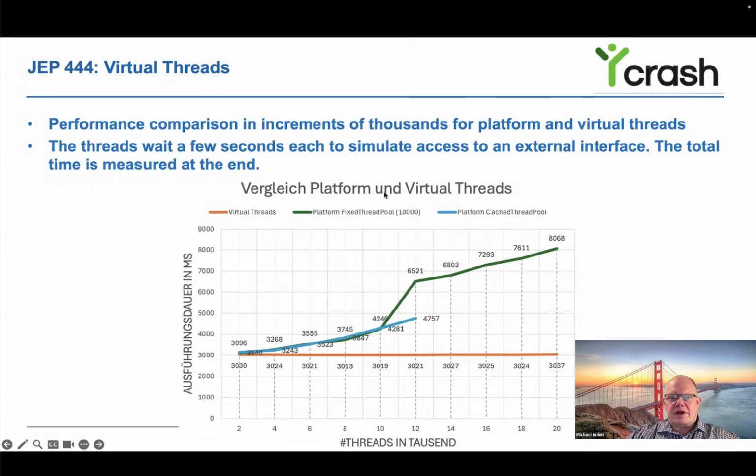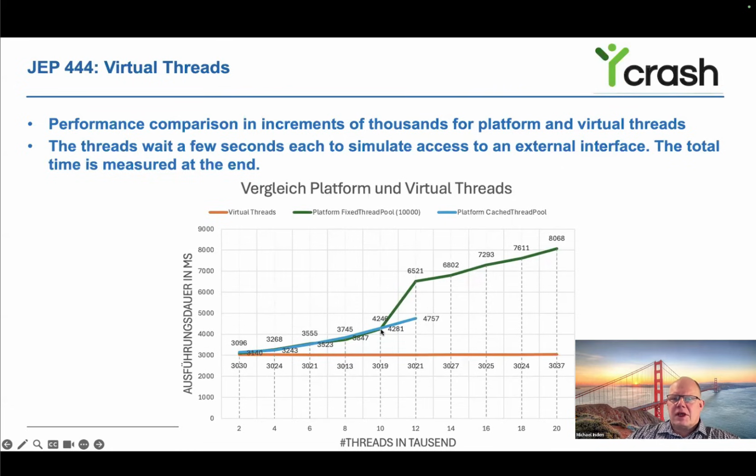I provided an example project. If you use normal platform threads, depending on your machine, you get stuck at around 12,000 threads, and then you get an out of memory error. It's not possible to start platform threads any longer.